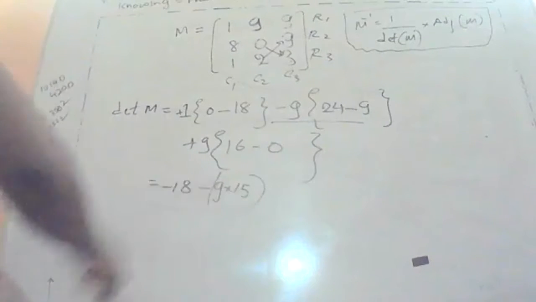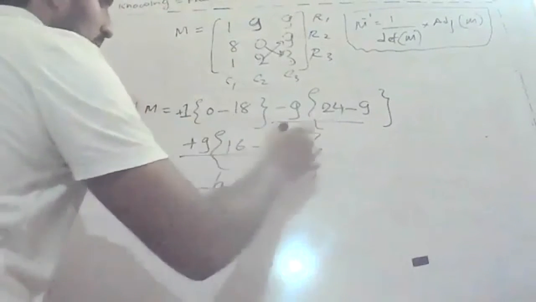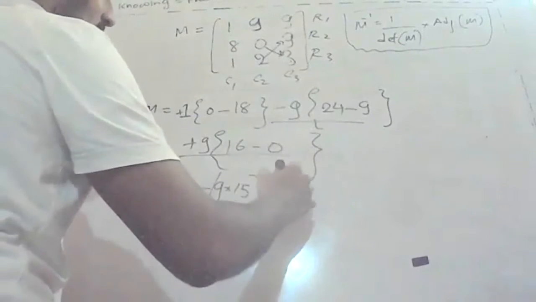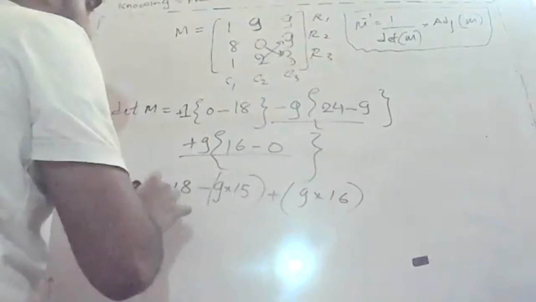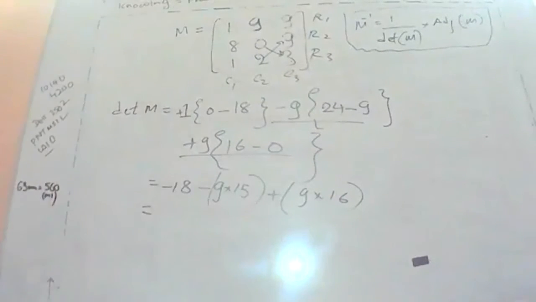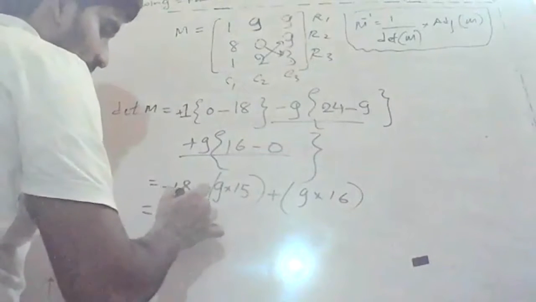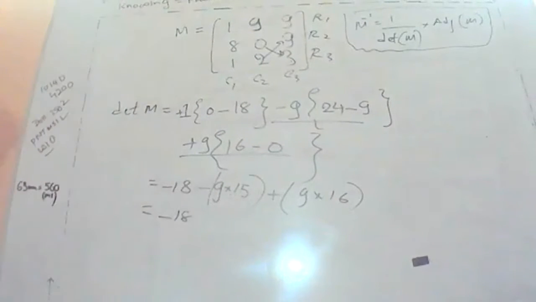So minus 9 into 15. Here, positive 9 into 16, so plus 9 into 16. Okay. So here minus 18. Here, what is the answer?